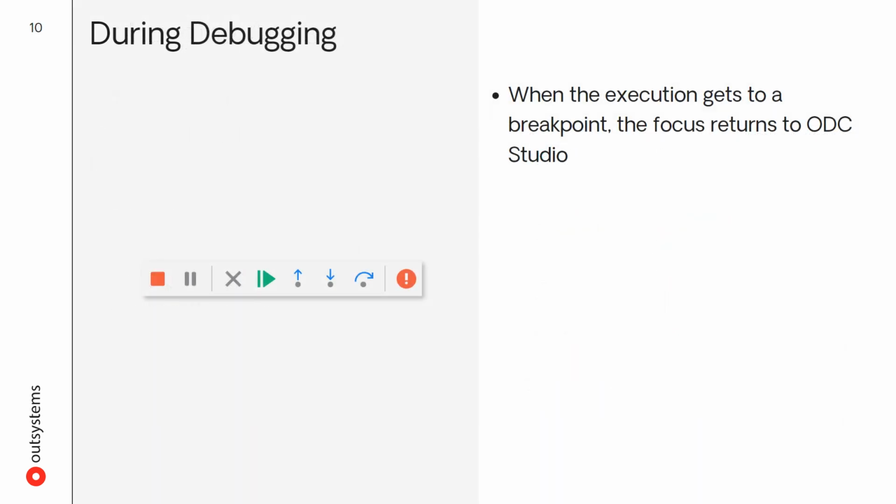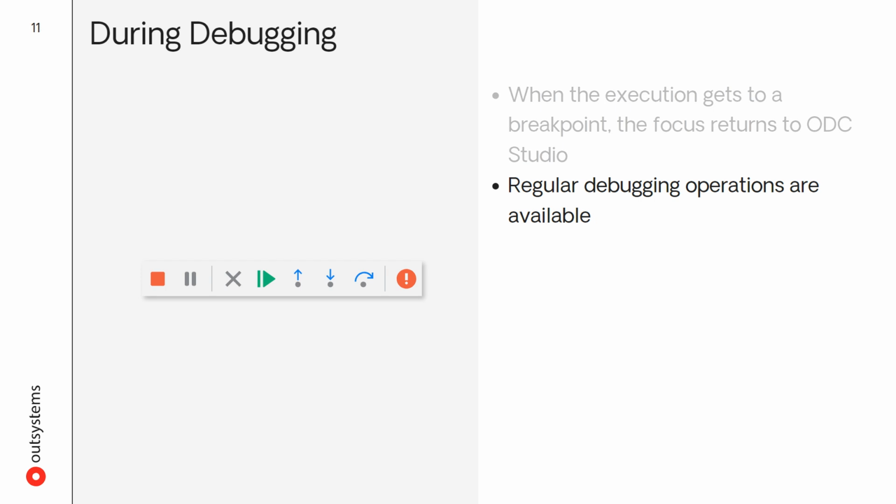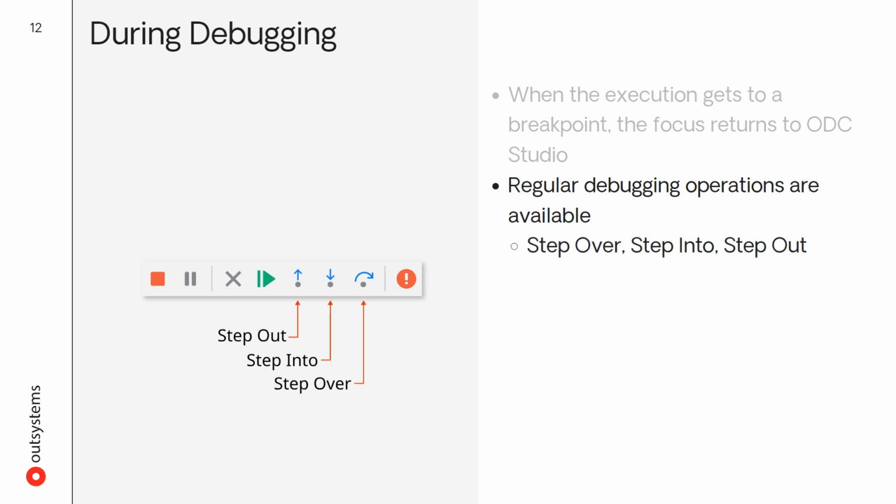During interaction with the app in the browser during debugging, when the execution stops in a breakpoint, the focus returns back to vODC Studio. In vODC Studio, we can then find the regular debugging operations. The options Step Over, Step Into, and Step Out allow the step-by-step execution of the code, to help the developer analyze its behavior.